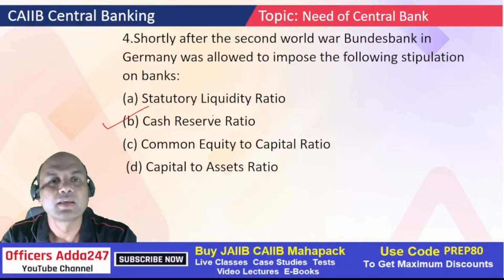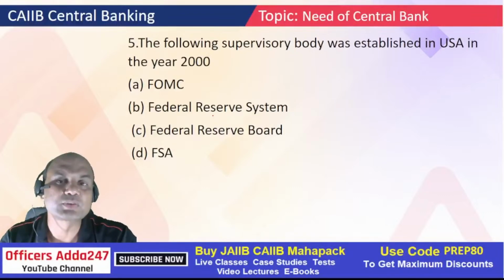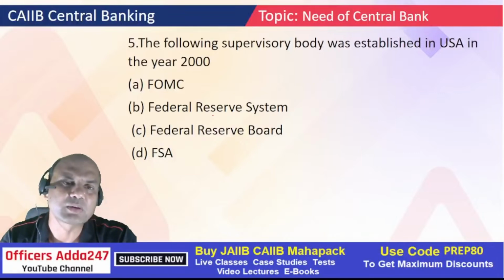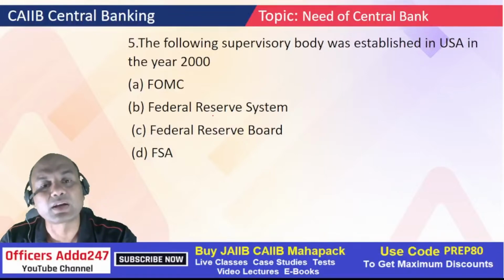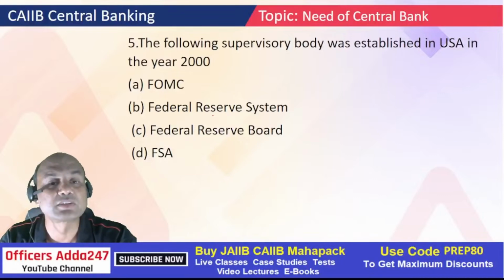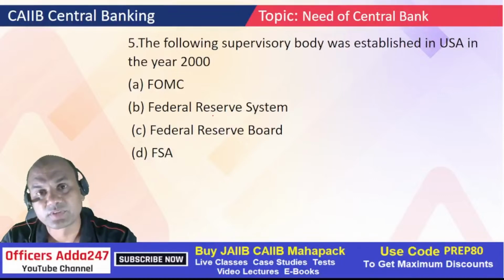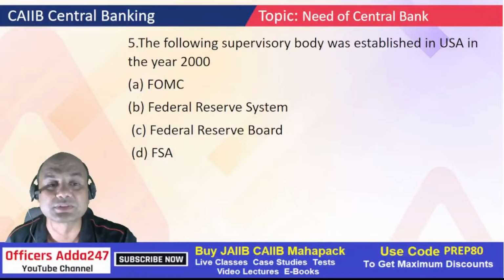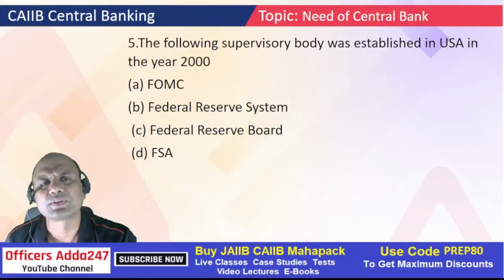Okay. Last one. The following supervisory body was established in USA in the year 2000. So which was this supervisory body? FOMC, Federal Reserve System, Federal Reserve Board, and FSA. So which one was established in USA in 2000? What do you think?